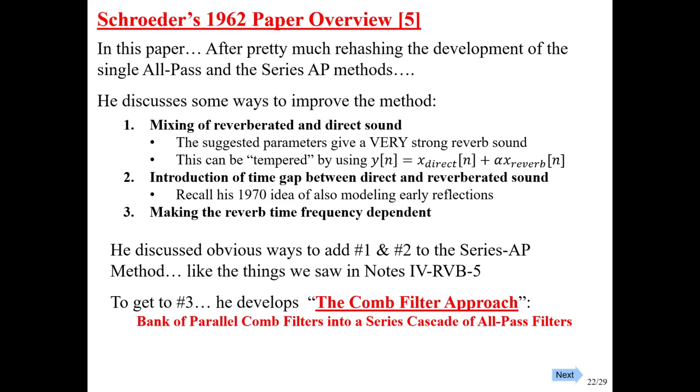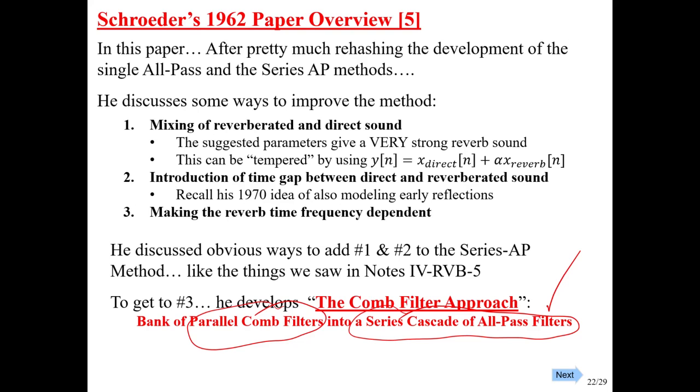So for that, he develops what he calls the comb filter approach. And you might say, wait, I thought the all-pass filter was the good thing. Well, it's really not just a comb filter. It's parallel comb filters together with a series cascade of all-pass filters. So that's what he had in his 1961 paper.